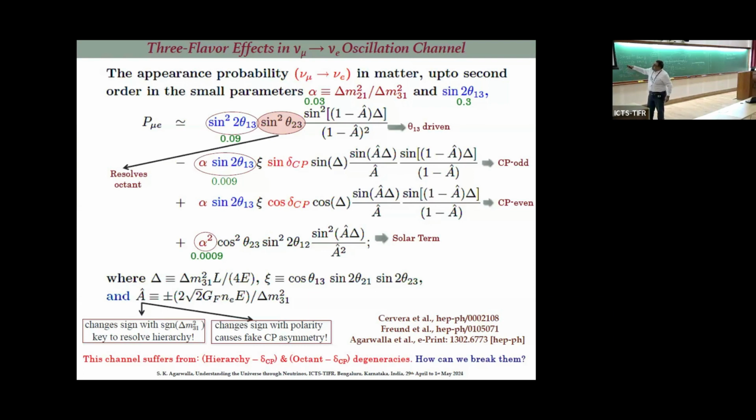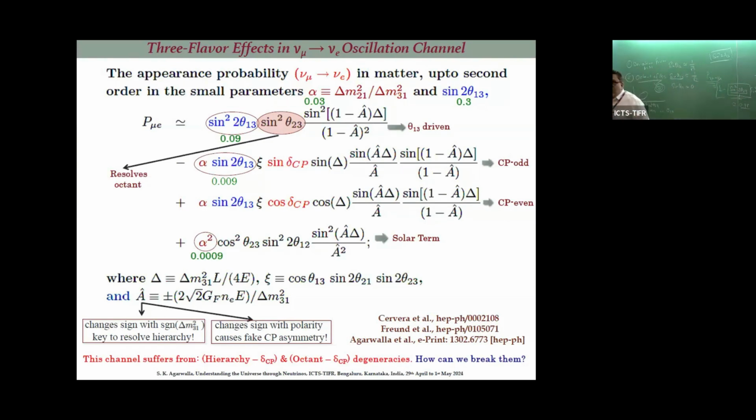But here, if you know theta 13 very well, then you can infer about this term, right? Sine square theta 23. And this is sine square theta 23. So you are sensitive to octant. It is not sine square 2 theta 23. Clear? The leading term in this channel is sine square theta 23. It is not 2 here, like the disappearance channel. I wrote somewhere, there it was sine square 2 theta 23, so you are blind to octant.